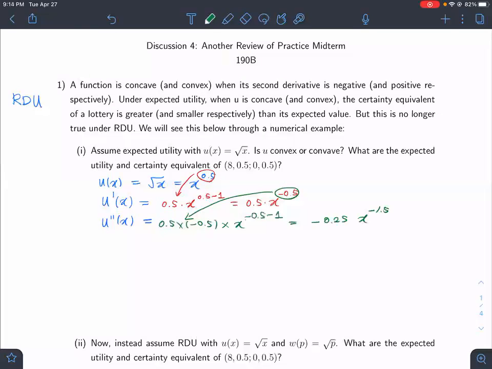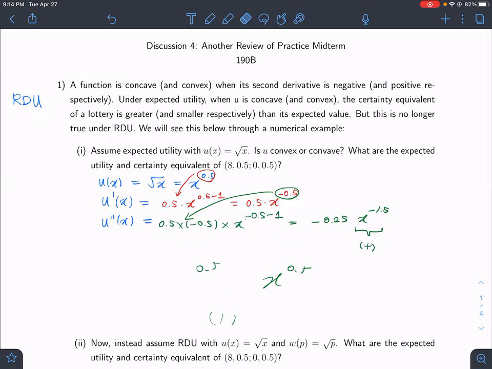So the first thing to notice is that this number is always positive. It's good to know that some number to the power of minus 0.5 or 0.5 is always positive. It cannot be negative.